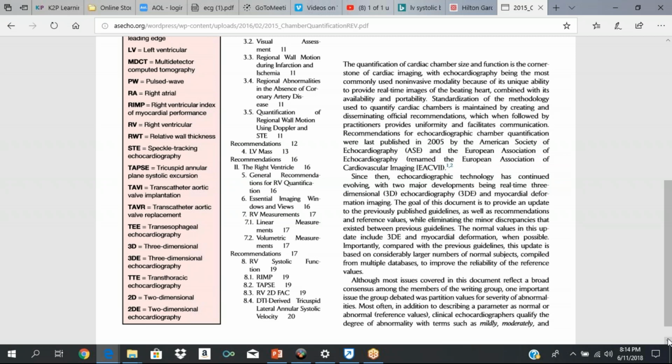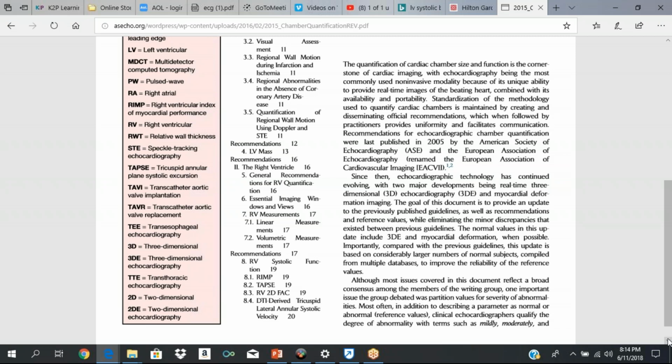The standardization of the methodology used to quantify cardiac chambers is maintained by creating and disseminating official recommendations. That's where the ASE comes in. Everything we teach in echo comes from the American Society of Echo, so you need to be familiar with the website and read the articles.